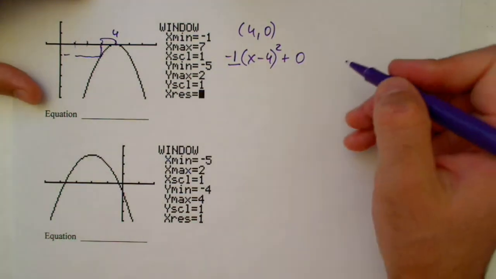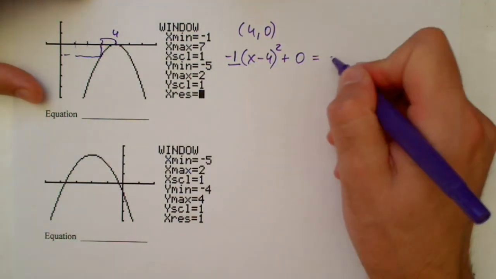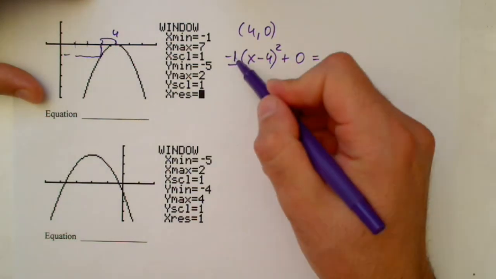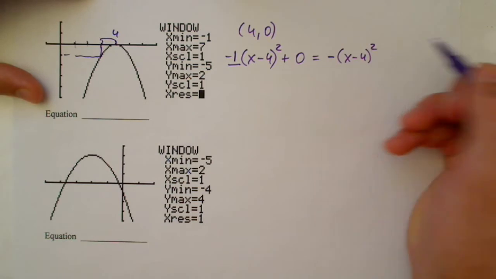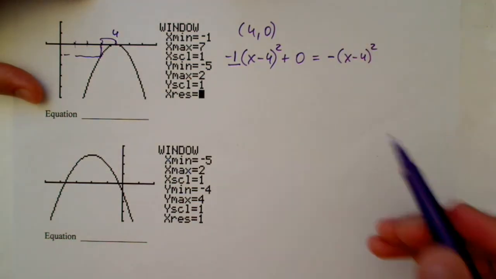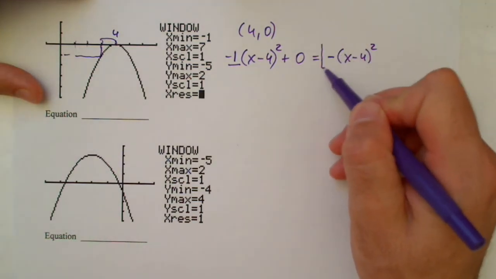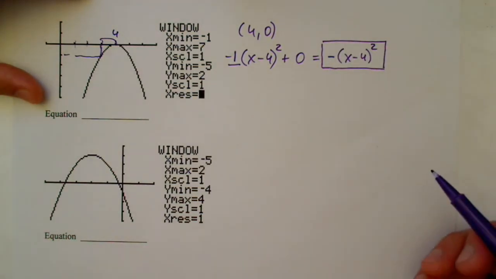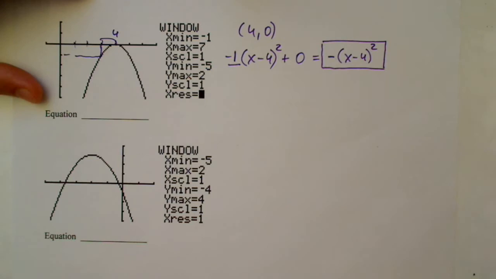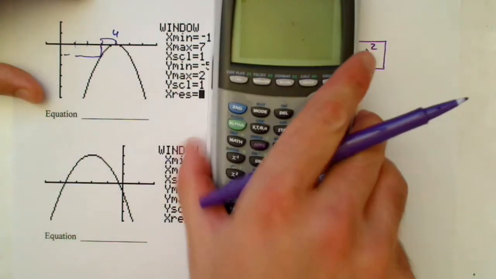Now what we have is negative. We don't have to write 1. It means negative (x minus 4) squared, and this is our vertex form, the vertex representation of our quadratic function. Let's graph again.